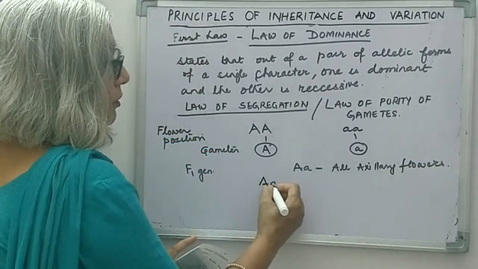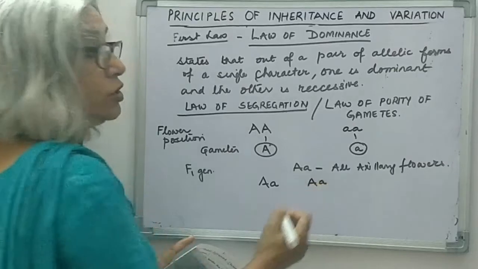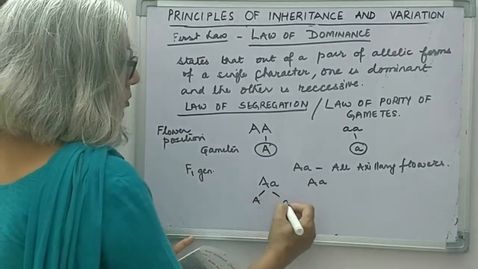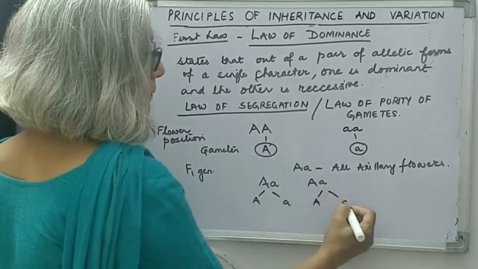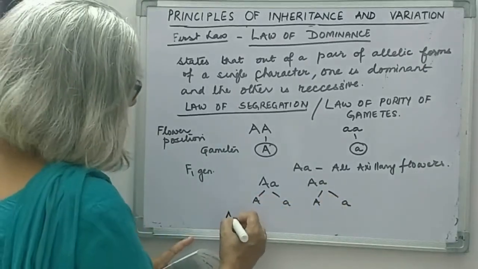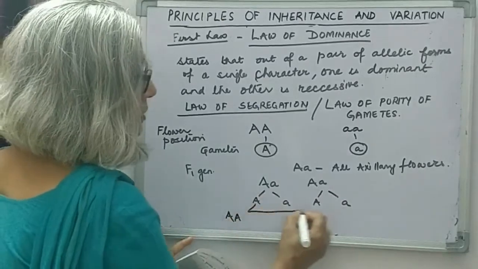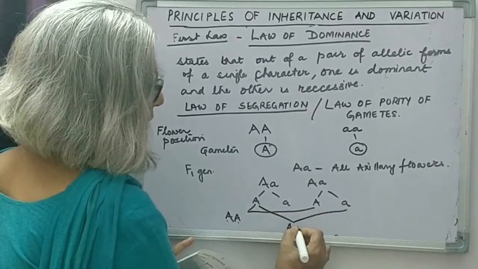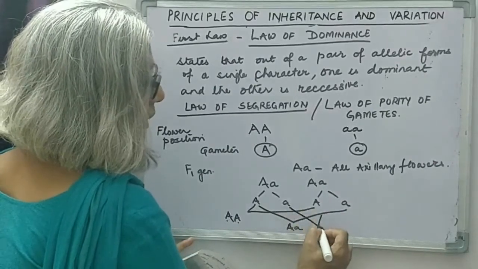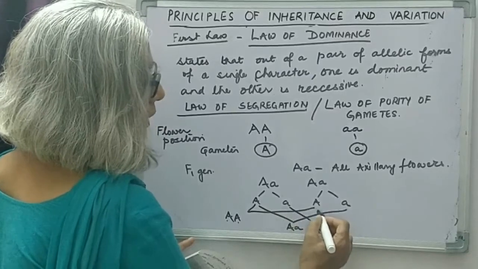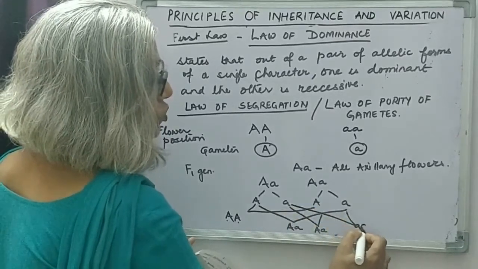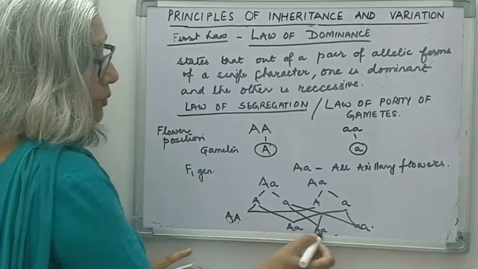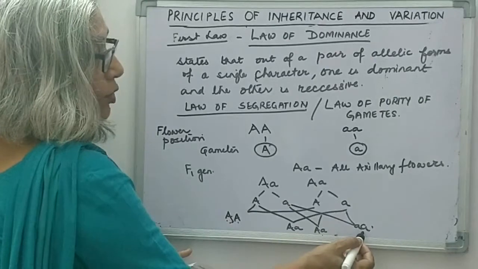Now if two plants of the F1 generation are crossed, there will be two kinds of gametes formed by each plant. So when these gametes combine, we get two capital A's, we get one capital A, one small a, we get one capital A, one small a. With these two, we get two small a's. So clear, one pure axillary, hybrid axillary flowers and pure terminal.